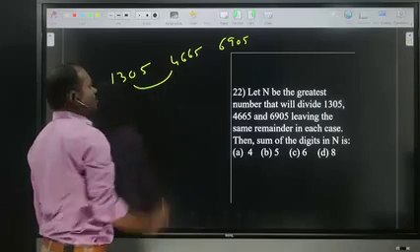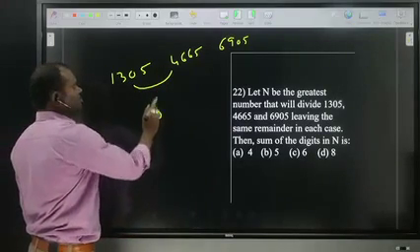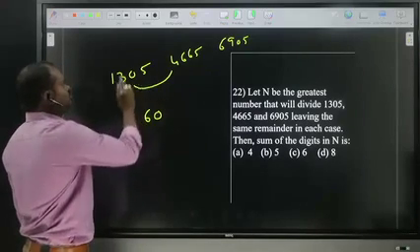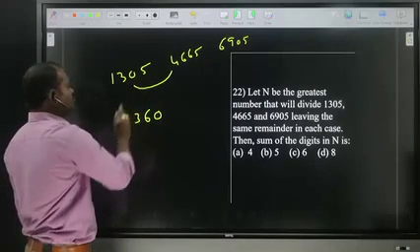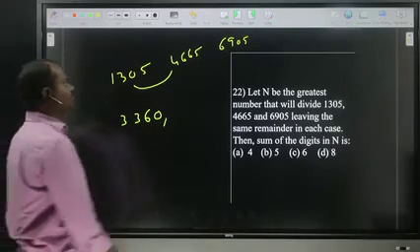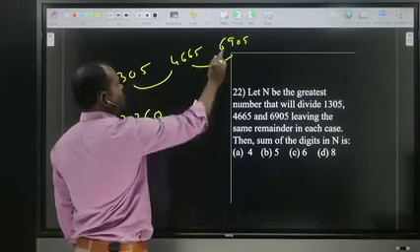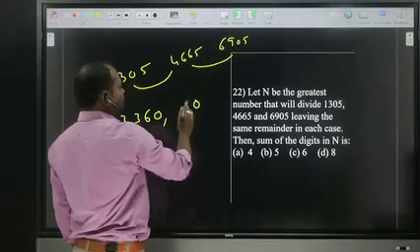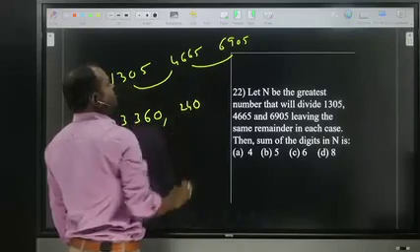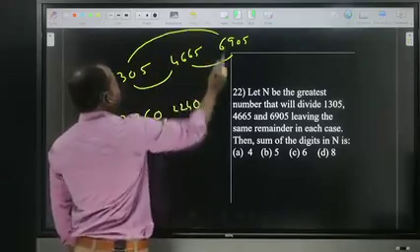The difference of the first two: 5 minus 5 is 0, 6 minus 0 is 6, 6 minus 3 is 3, 4 minus 1 is 3. First difference 3360. Next difference of these two: 5 minus 5 is 0, 10 minus 6 is 4, 8 minus 6 is 2, 6 minus 4 is 2. That is 2240.